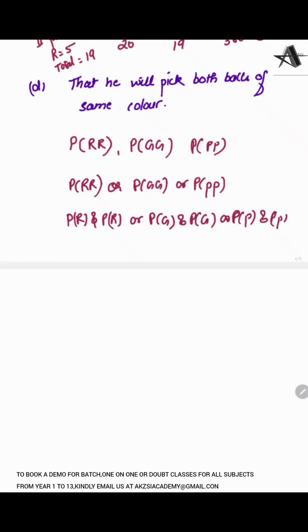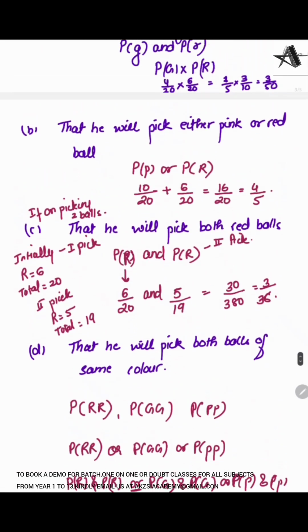We just saw that they are dependent events. So the probability: there were 6 red balls out of 20. And how many red balls remain after picking one? 5 red balls out of 19. Plus, or means plus. Green balls: how many green balls were there?